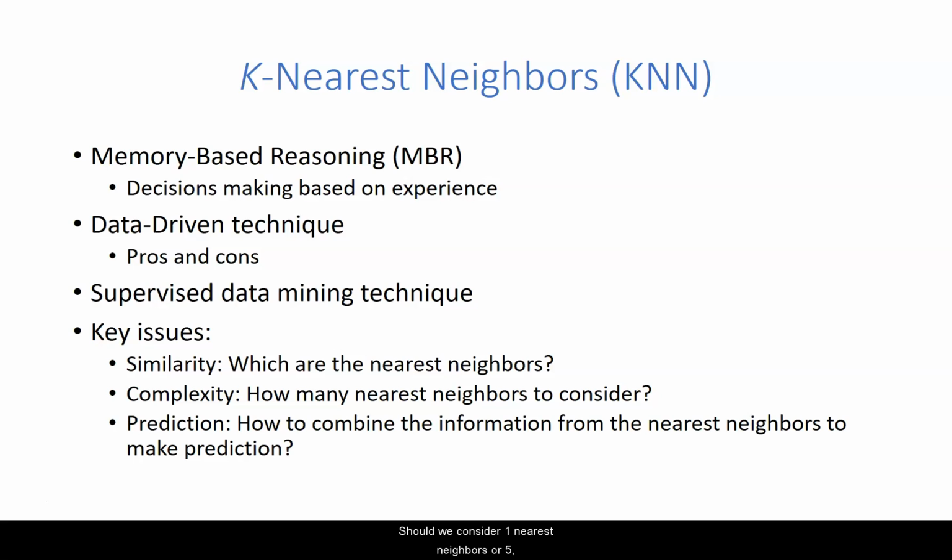Should we consider 1 nearest neighbor, or 5 or 20 nearest neighbors? And third, how do we make the prediction based on the nearest neighbors? How can the information from the neighbors be combined to produce a single prediction? We will tackle each of these topics in this lecture.